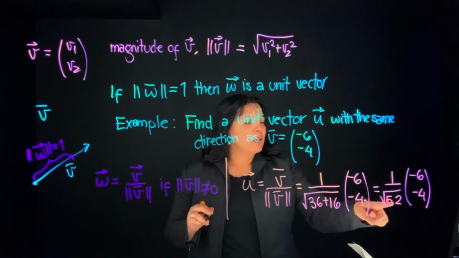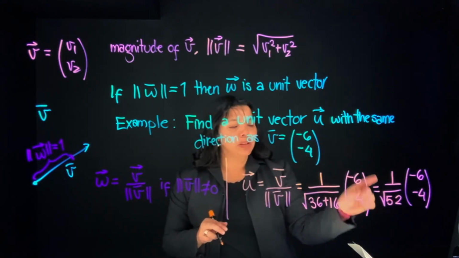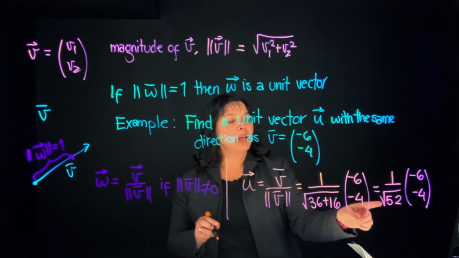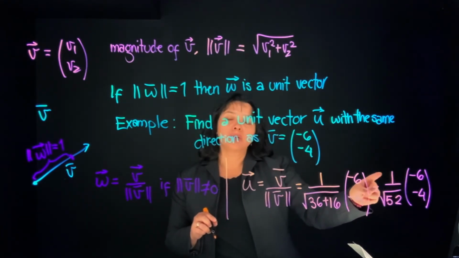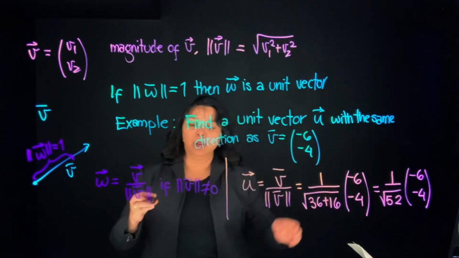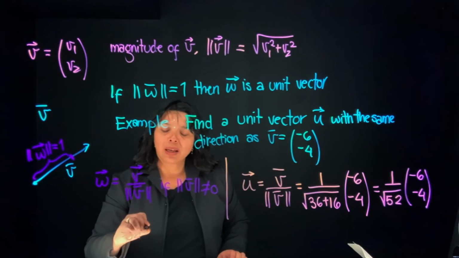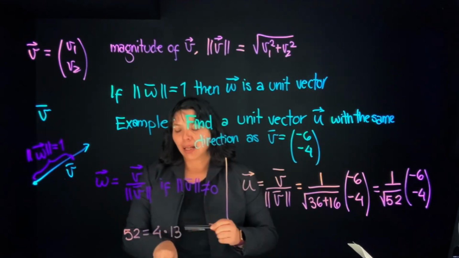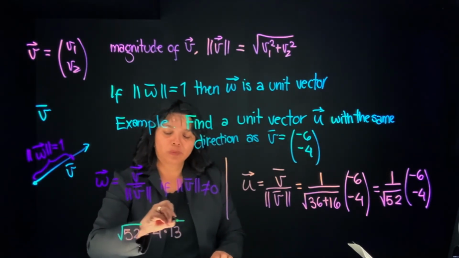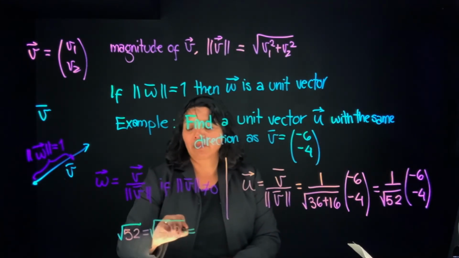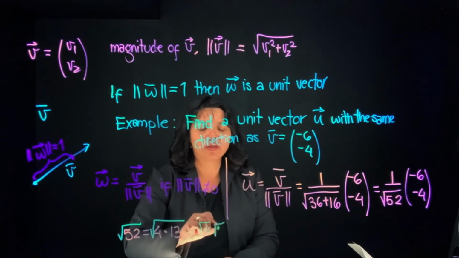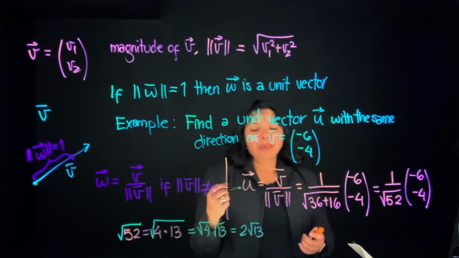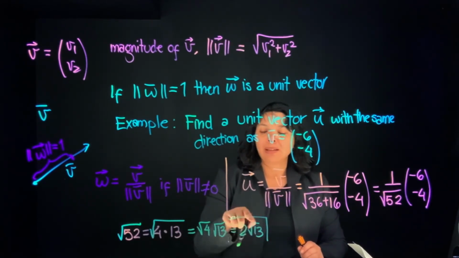Okay, so this is perfectly fine, but when you want to compare your answers with the options in the system, you want to always get used to the idea of reducing this as much as possible. So 52 equals 4 times 13. And if I take the square root of this, it helps me with my reduction. This is the same as square root of 4 times square root of 13, so that's the same as 2 square root of 13.